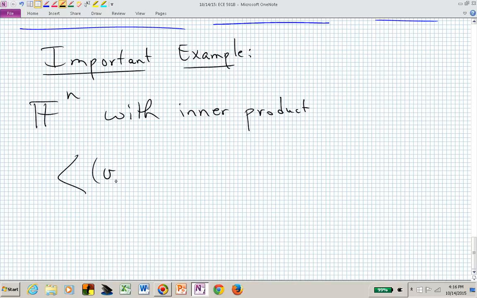Let's say I have v sub 1 as just a coordinate. That's not a vector. v1, v2, and let's say we have v sub n, since this is an n-dimensional vector. This is the v, and that's in the first slot. And then we have our w vector in the second slot.